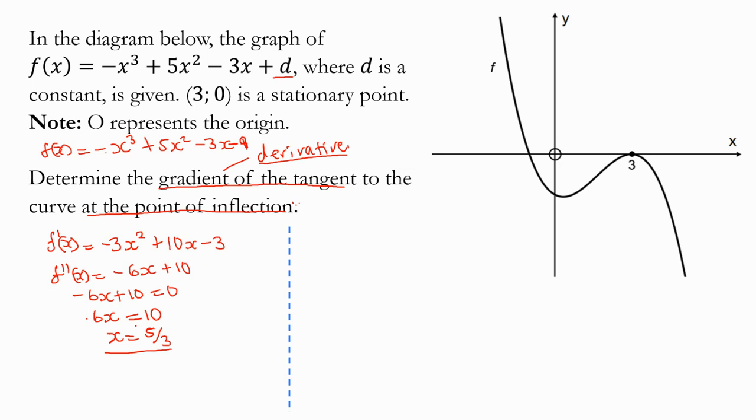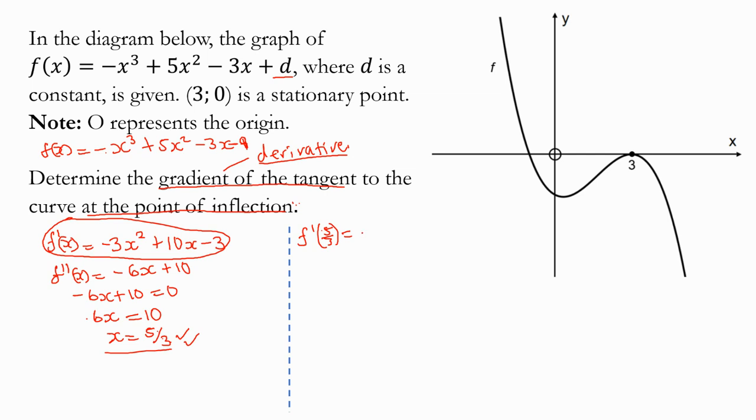So when x is equal to 5 over 3, that's the x coordinate of the point of inflection. Now, what is the gradient at this point when x is equal to 5 over 3? We substitute this 5 over 3 into the first derivative. Your derivative is your gradient. So f prime of 5 over 3 is equal to, where there's x, we put 5 over 3.